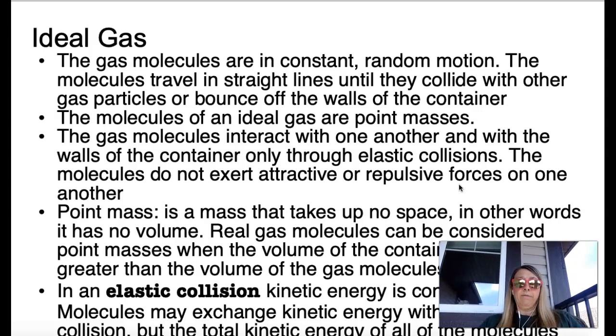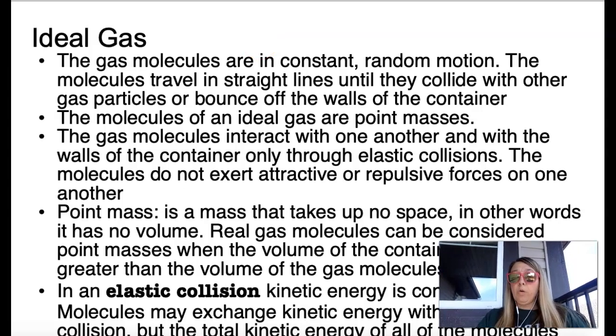Okay, next thing for an ideal gas is that the gas molecules interact with one another and with the walls of the container only through elastic collisions. So for those of you that have taken physics, you're familiar with elastic versus inelastic. Those of you that haven't, it's basically referring to what happens to energy, okay? In an elastic collision, energy is completely conserved. So we don't lose any energy to friction, to heat, or any other type of source.